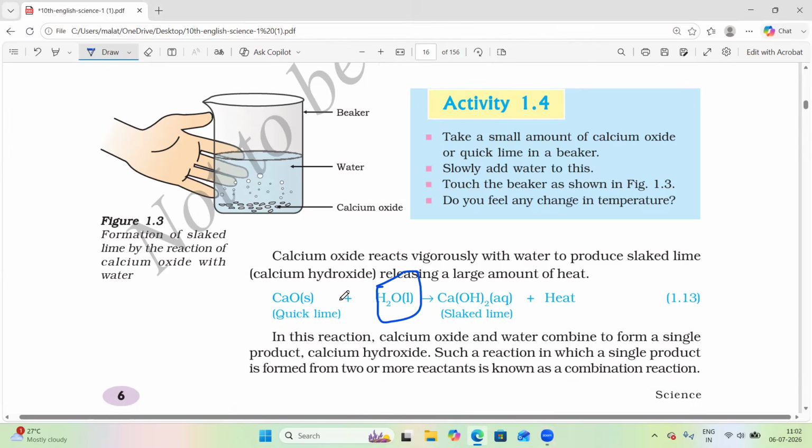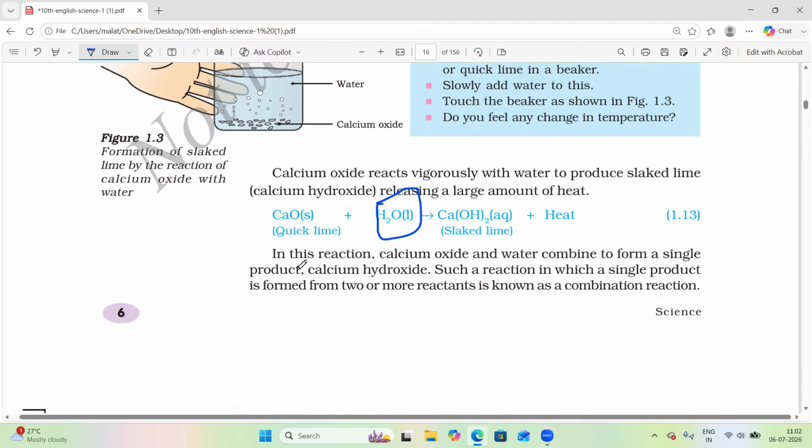What is happening here is, there are two reactants, calcium oxide and H2O. Both react, and we get calcium hydroxide, that is slaked lime. Here we got only one product, right? So that is called a combination reaction.